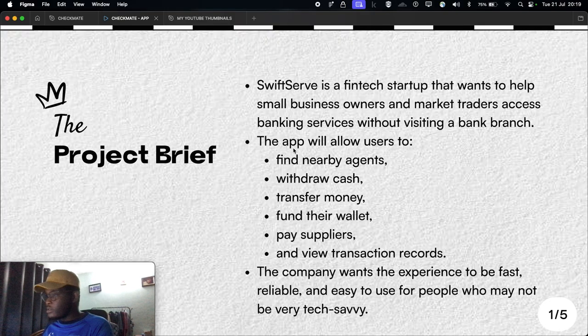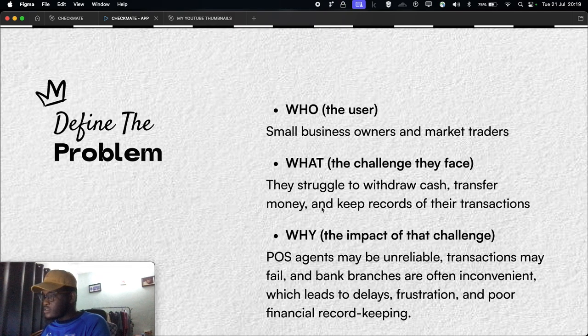The challenge they're facing is they want to be able to withdraw, transfer, fund their wallets, pay suppliers, and view transaction records. So we have the users, small business owners and market traders, and their challenge. Now the next thing is why, which is the impact of that challenge.